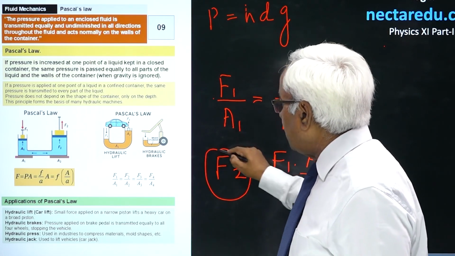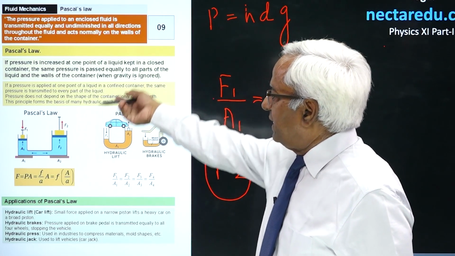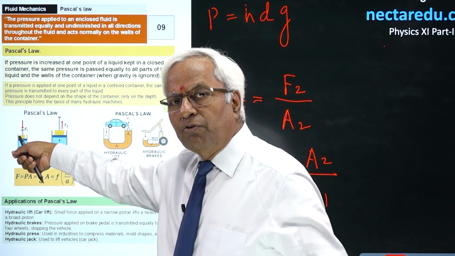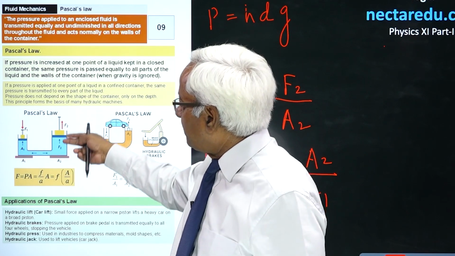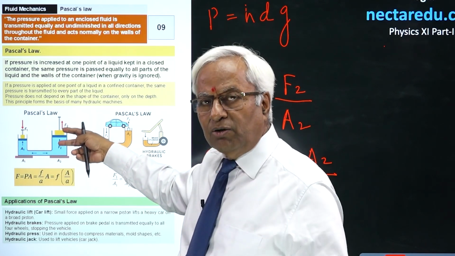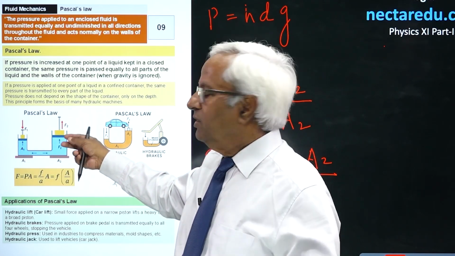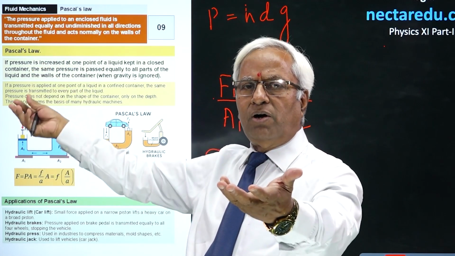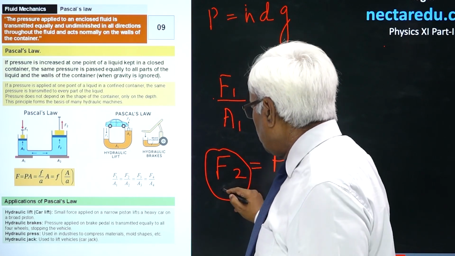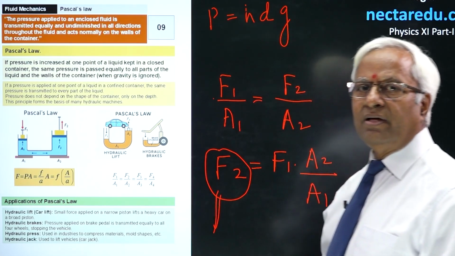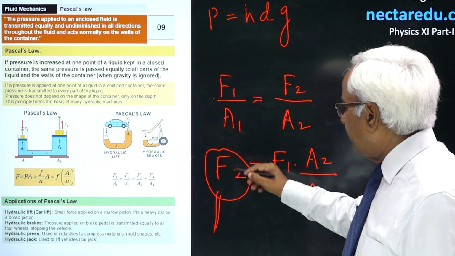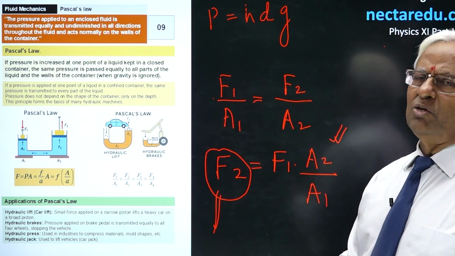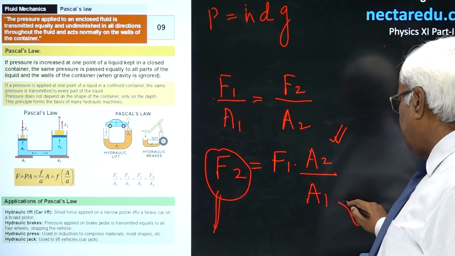F2 is the weight that could be lifted this side. You are putting the load over here with the ambition to raise a heavy object like a car or truck. You want to lift it up, you want to push it upward. So F2 is the force needed, and this can be increased only by increasing A2, or you might say by decreasing A1.